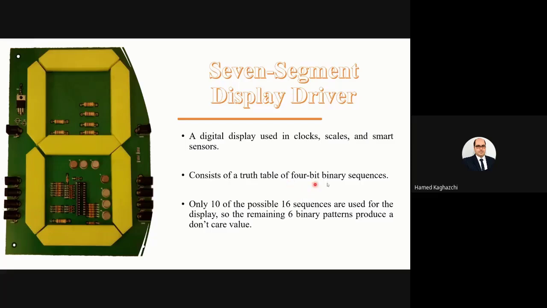Exactly, 4 bits, because for representing 9, the minimum bits that I need are 4 bits. All of the numbers from 0 up to 9 have to be represented with 4 bits.